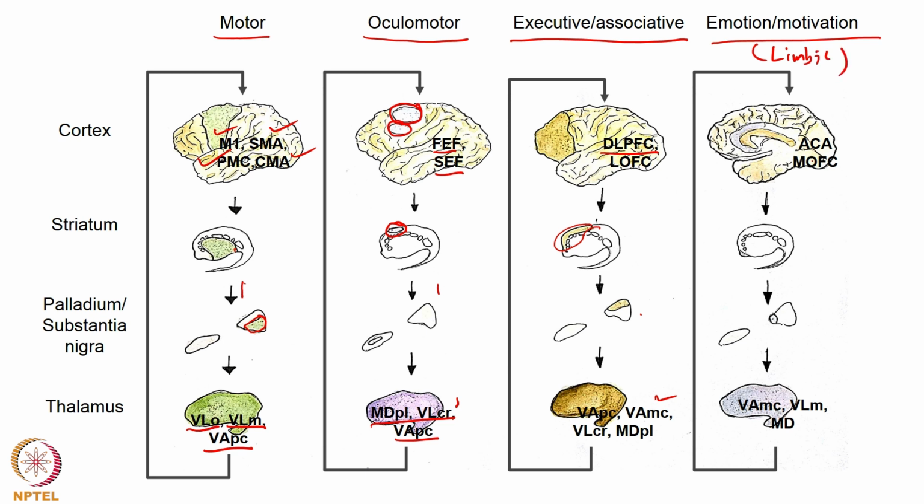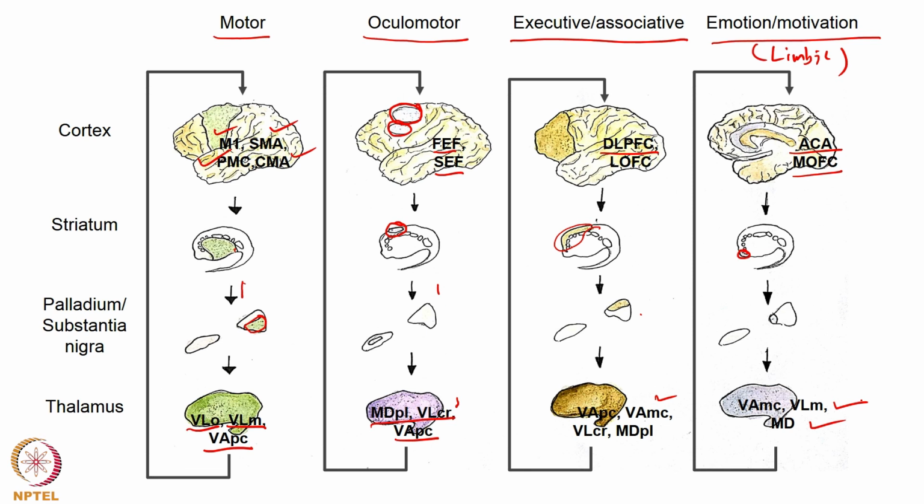It receives inputs from MOFCs and outputs to caudate, and through the pallidum and substantia nigra pars reticulata outputs to the different regions of thalamus. So, essentially the basal ganglia is believed to perform multiple functions: motor, oculomotor, executive and limbic functions.